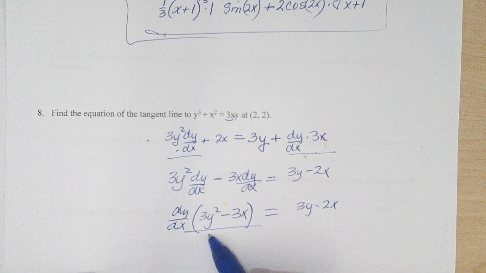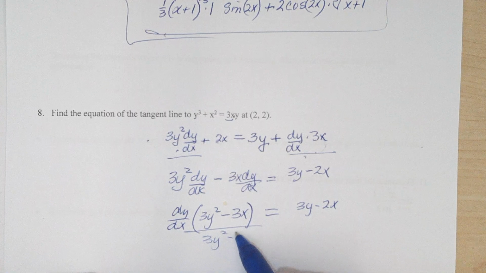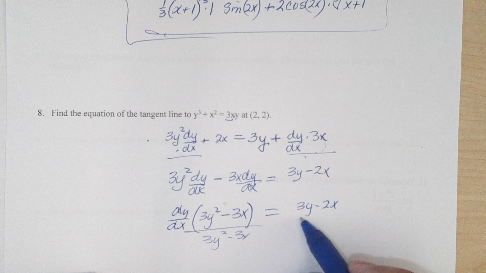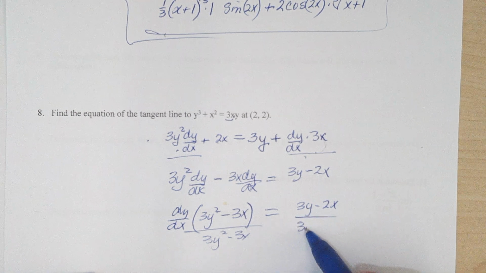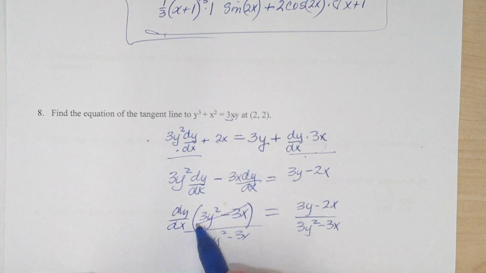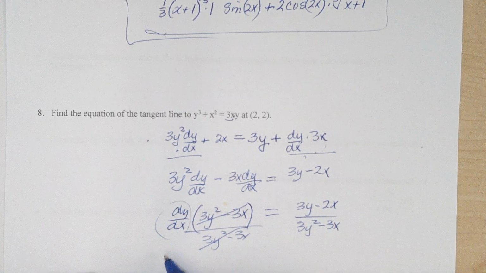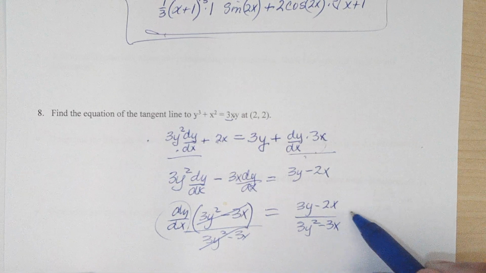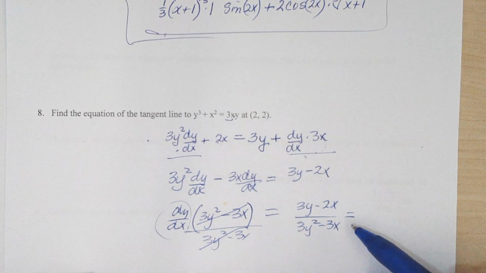I'm going to divide by this. And now that's gone, and dy dx, my slope of the tangent line, is going to be this with 2 and 2 put in.